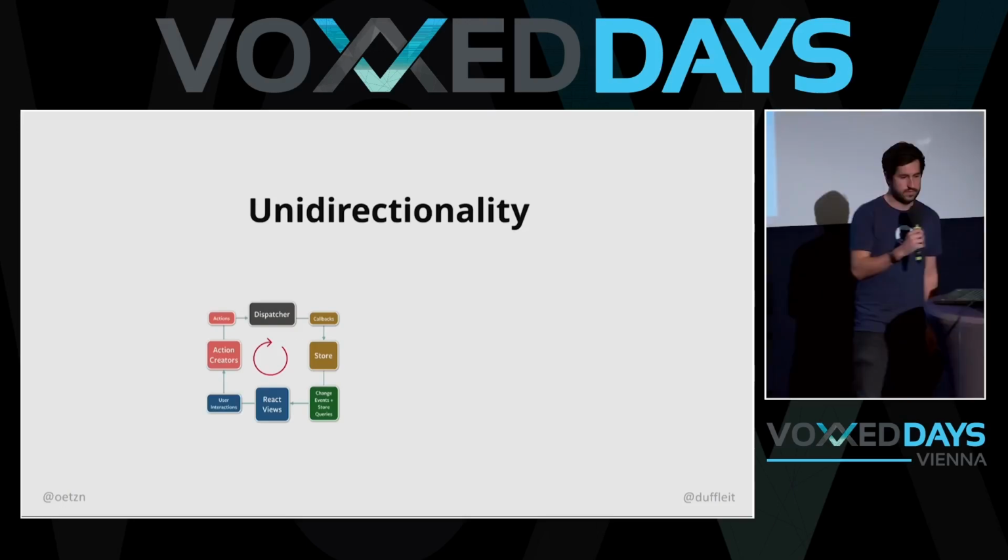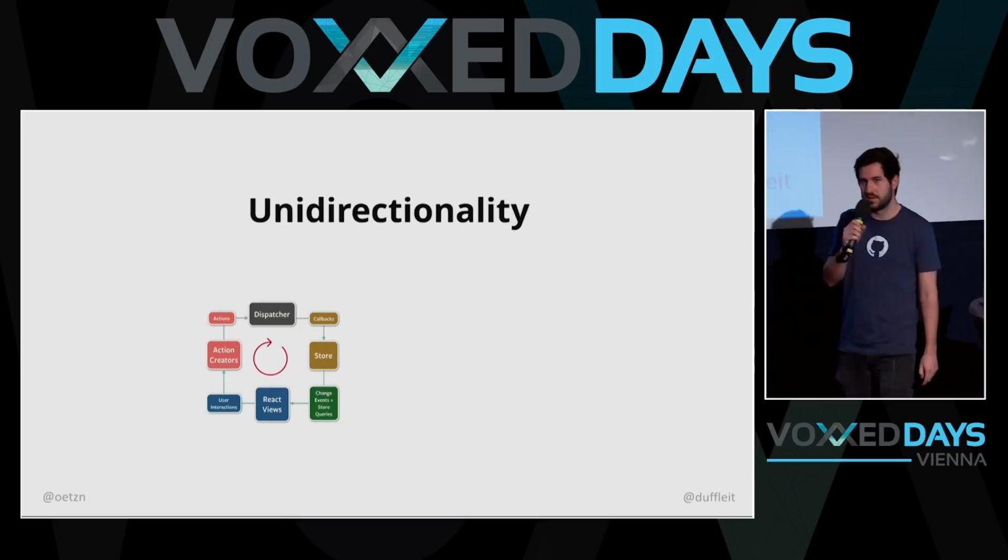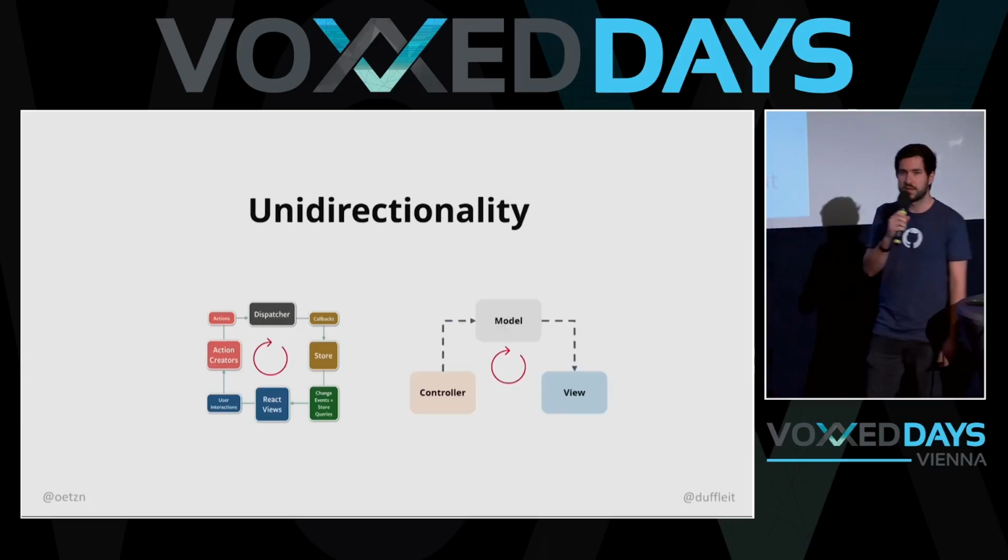How does this work in MVC, Thomas? Actually exactly the same. We have a controller, a model, and a view, and we always go in this circle. We never update the model from the view. We always go from the controller. It's exactly the same, actually. The thing is, there are other approaches.